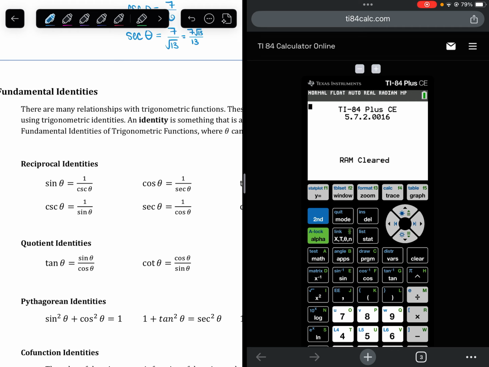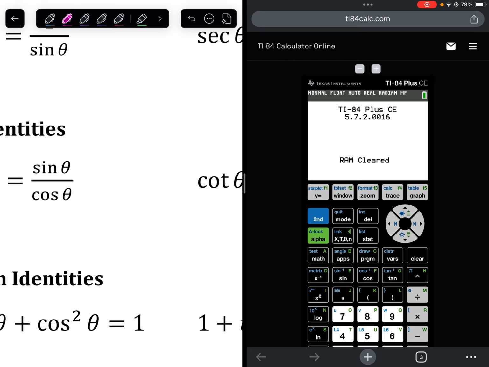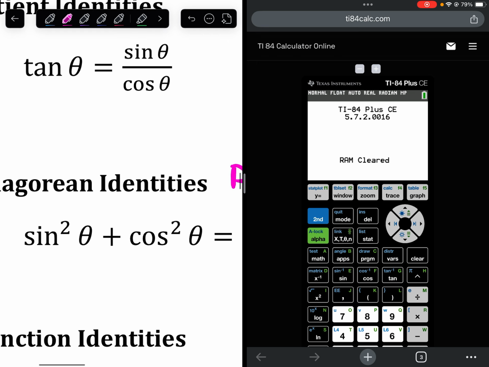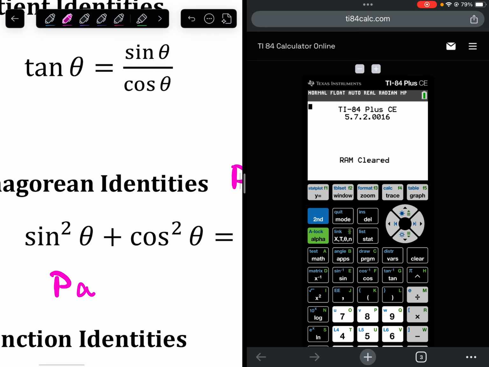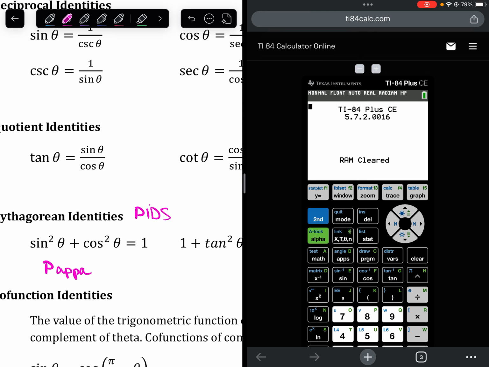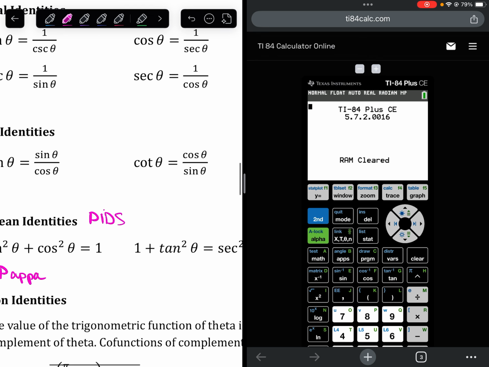Pythagorean identities, I call these PIDs. The first one, I call Papa PID. Sine squared of an angle plus cosine squared of an angle equals 1. Think Pythagorean theorem-ish. That's why they're Pythagorean identities. These other two I call baby PIDs.